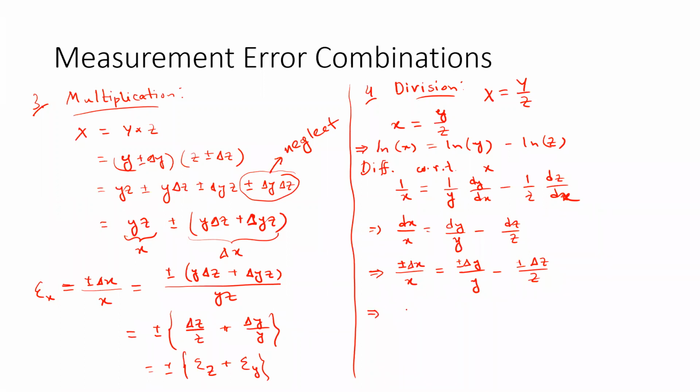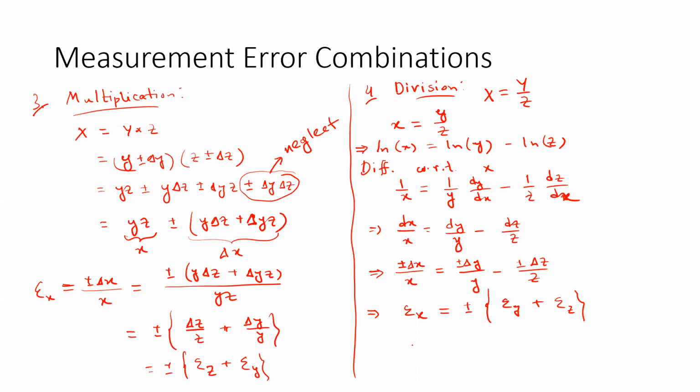You can further rewrite them as the relative error, and if we take this plus minus outside, we can simply write the combination of the errors to be the summation of the relative errors. Now for both of these cases, the final conclusion is the same.